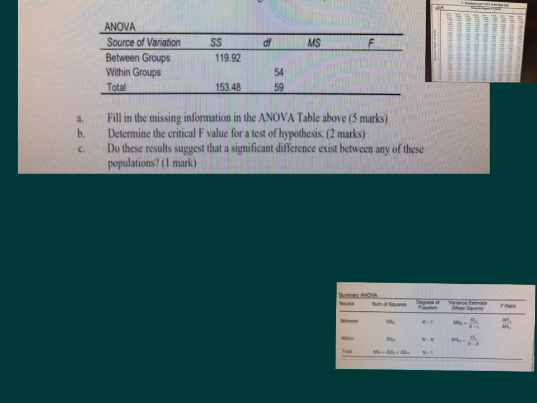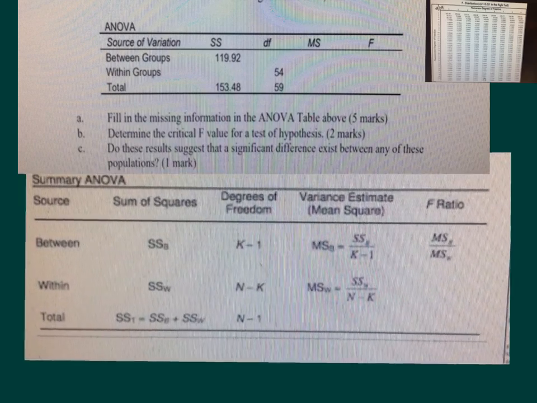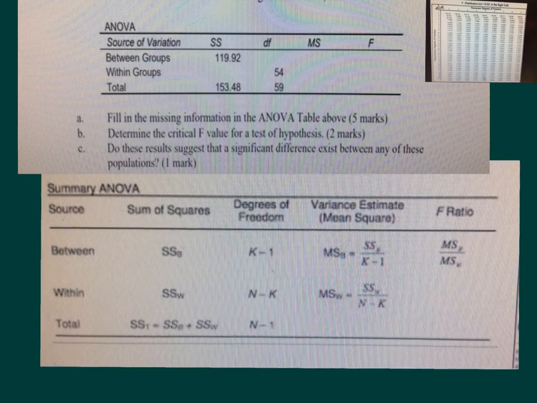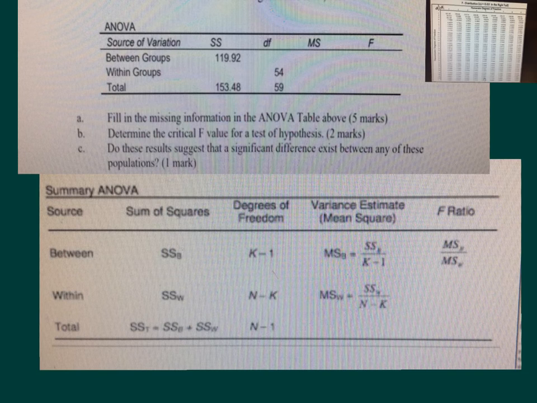I'm just going to go through the major points with you on question 2. With this chart, I think one thing that would be helpful is for you to have this, which shows you where all the numbers are coming from in your chart. You've got the sum of squares between groups value at 119.92 in the chart, and then the total at 153.48.